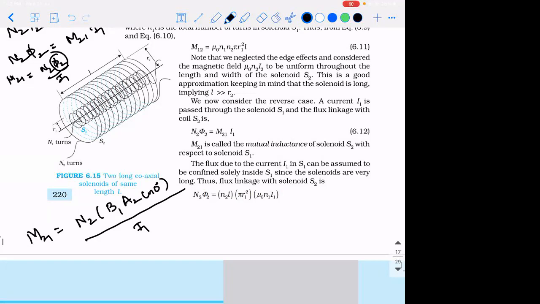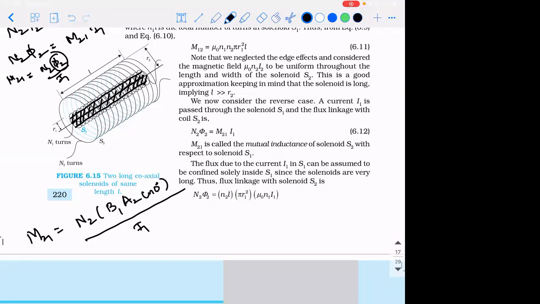Secondly, the magnetic field within a solenoid is generated inside it. We know this fact. So when that is the case, the maximum flux that can link with the second coil is nothing but the flux through the first coil itself. Whatever flux is linked with the first coil, the same flux will be linked with the second coil also.